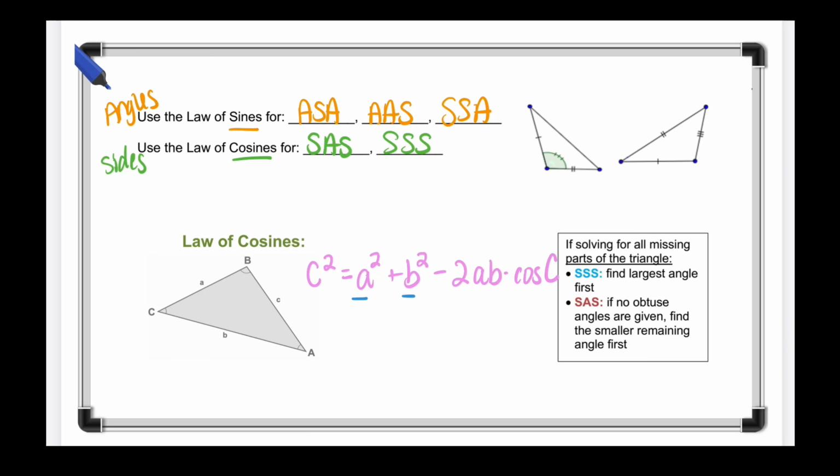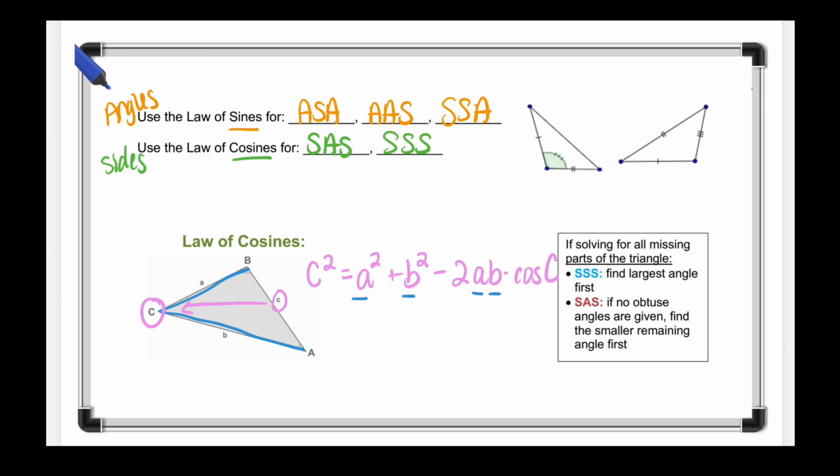Our A and B are the sides. Angle C is the one that's included in between your two sides. And the side that is opposite of our angle, which in this case is C, is what has the cosine.